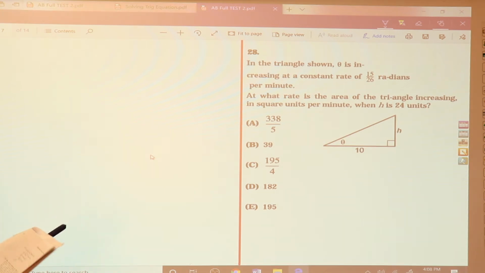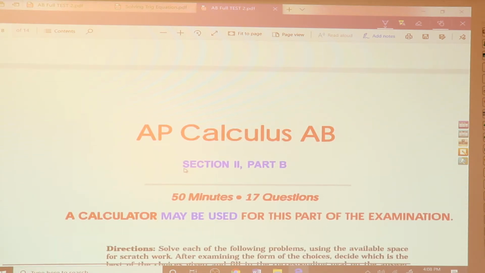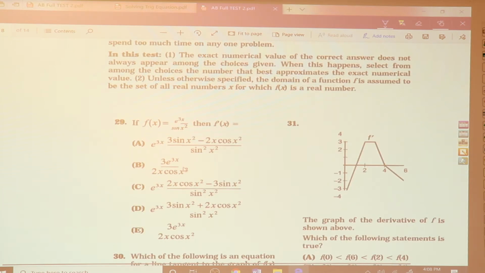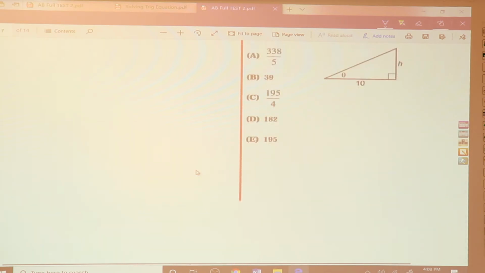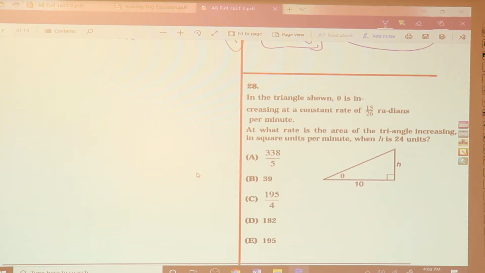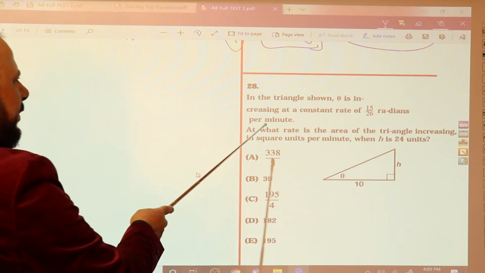After that we're going to do this one. In the triangle shown, theta is increasing at a constant rate of 15 over 26 radians per minute.